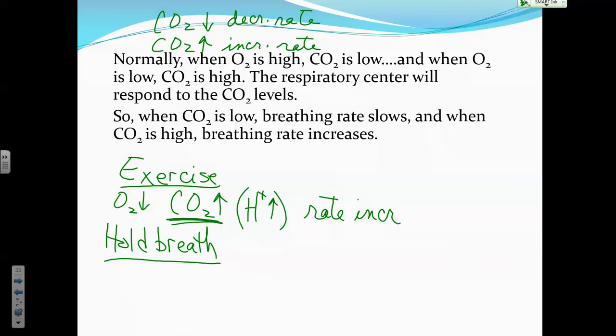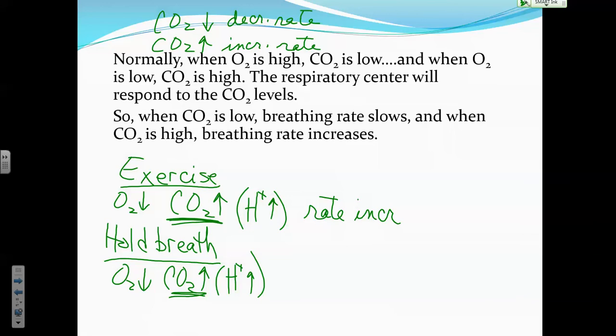All right, and so how's your breathing rate going to respond to that? Oxygen goes down, which is a little bit irrelevant. CO2 rises, so that means hydrogen rises. And so what happens to your breathing rate? Have you ever realized that there's a limit to how long you can hold your breath?